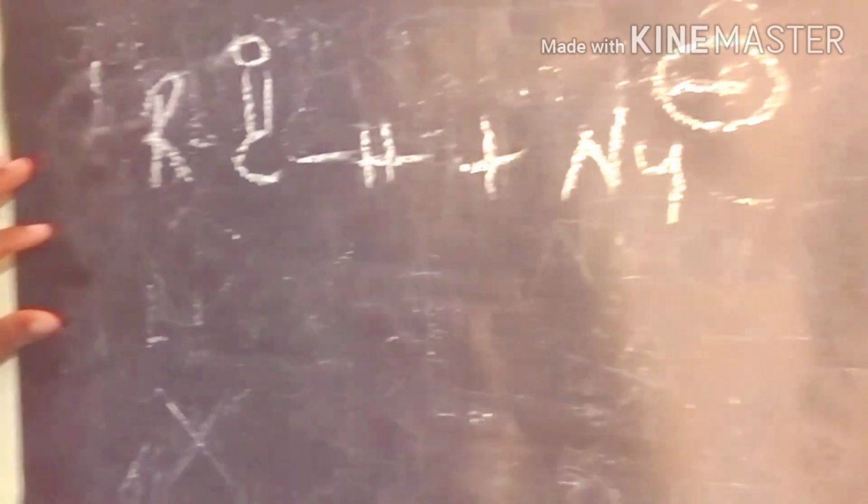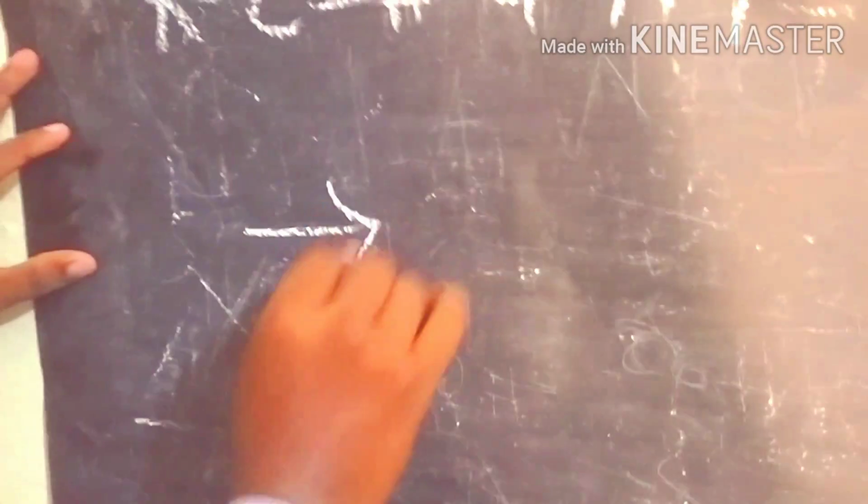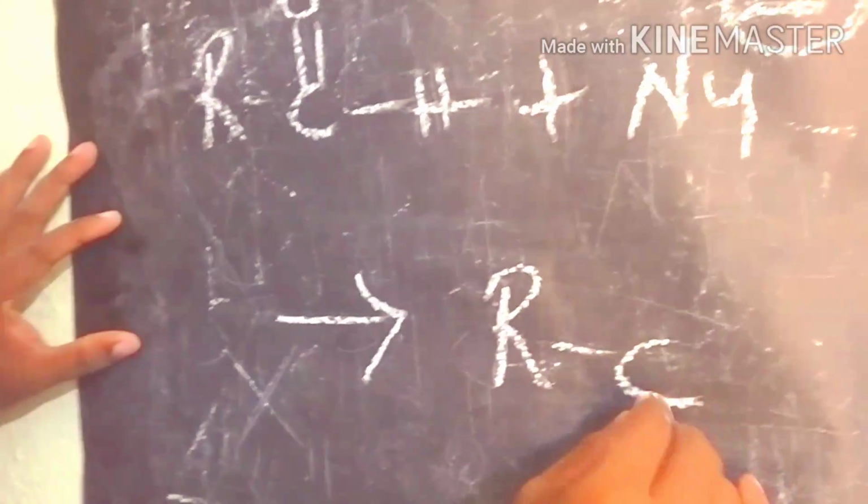We write some examples of nucleophilic addition reactions of carbonyl compounds, like RCHO. First of all, we write the general nucleophilic addition reaction. This is the nucleophile. We take a simple example nucleophile, and with the addition, finally we get this compound. This is the oxide ion formation.